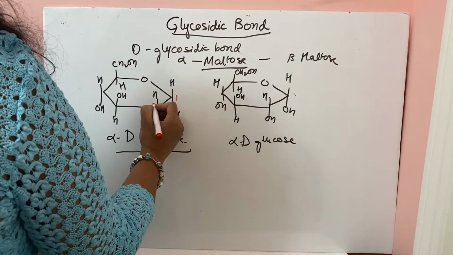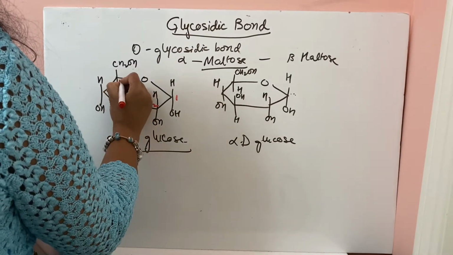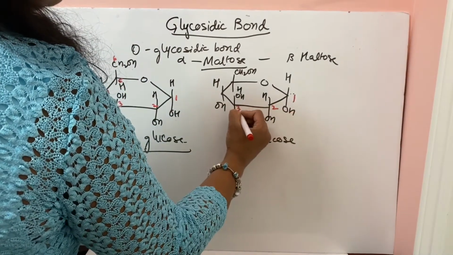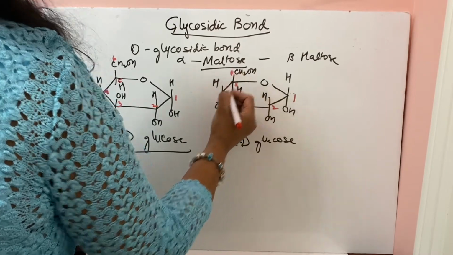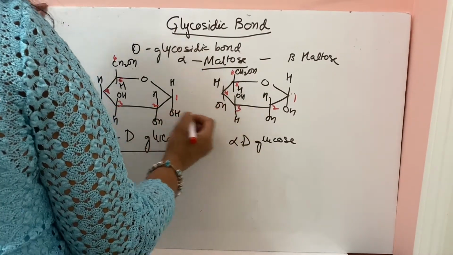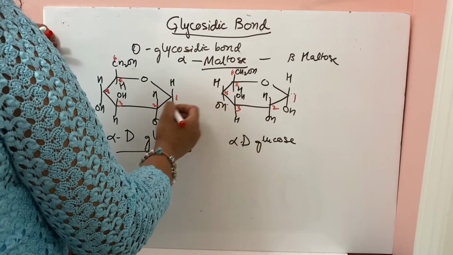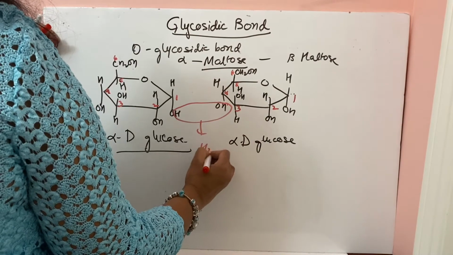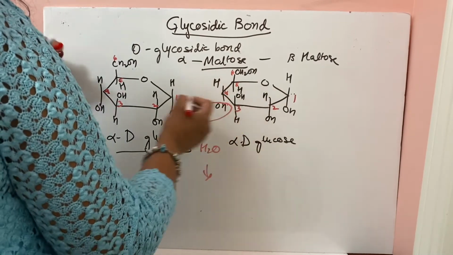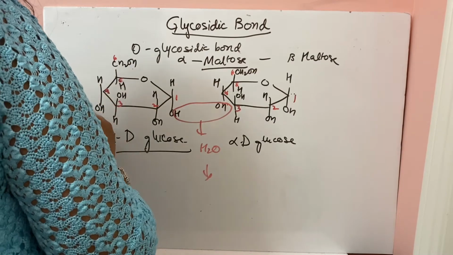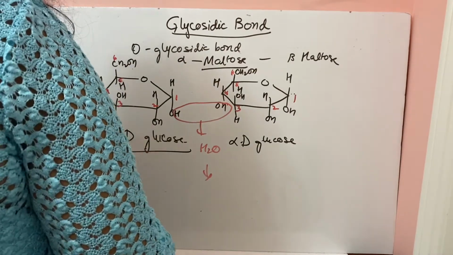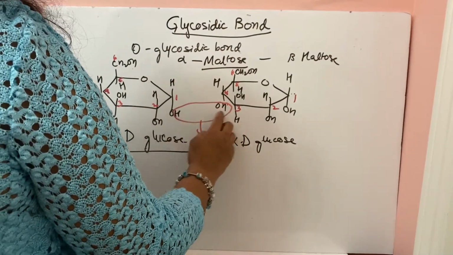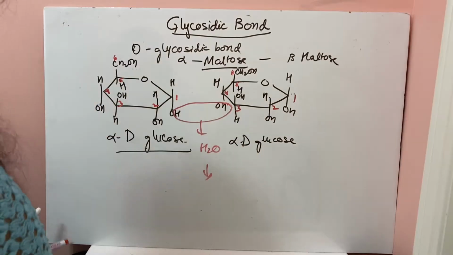This is your first carbon, second, third, fourth, fifth, and this one is your sixth carbon. So the bond is formed between the first and the fourth carbon hydroxyl group. Here the water molecule will be released and the bond formed is known as alpha glycosidic bond. Alpha glycosidic bond means the hydroxyl groups are in the same plane, because in this case the hydroxyl groups are both on the downside.